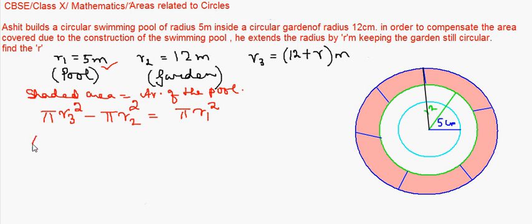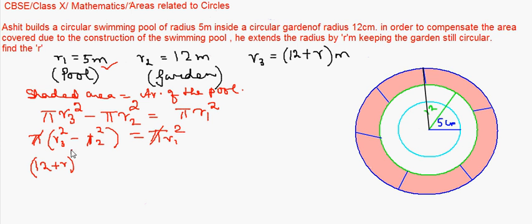Let me take pi common. You will be left with r3 square minus r2 square on this side, and here you have r1 square. So this pi would get cancelled. Now r3 square can be written as (12 plus r) square, minus r2 square, where r2 is 12 meters, so this is 12 square.